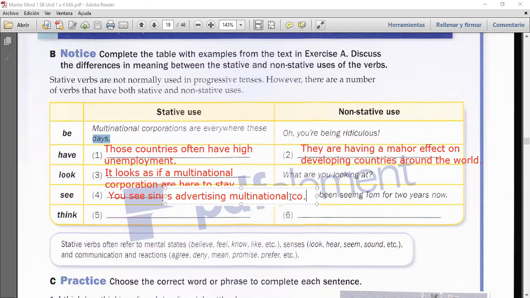Me, teacher, some people think that large companies take money out of the country.